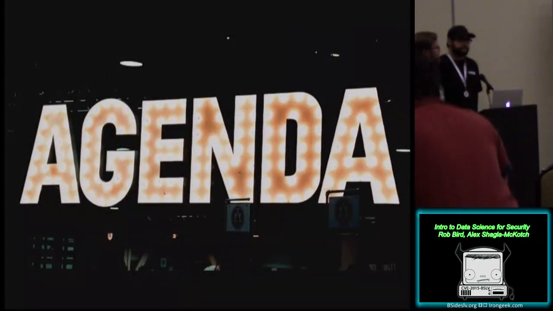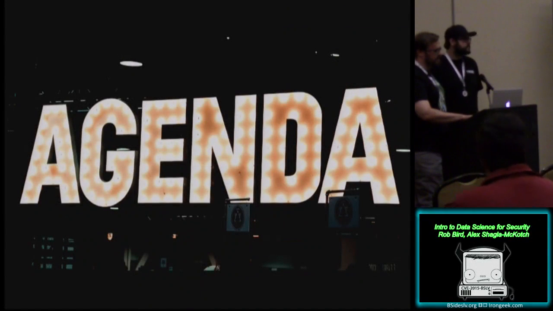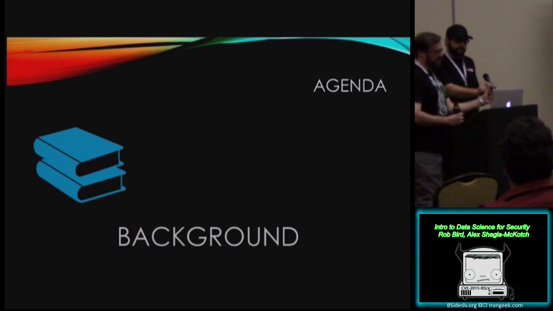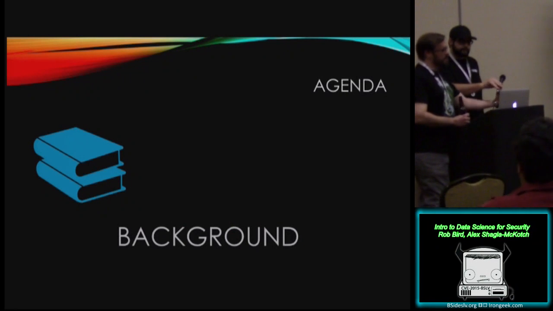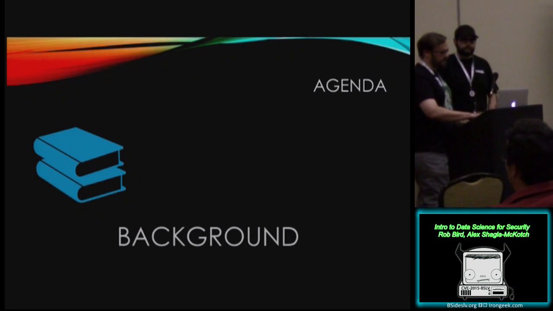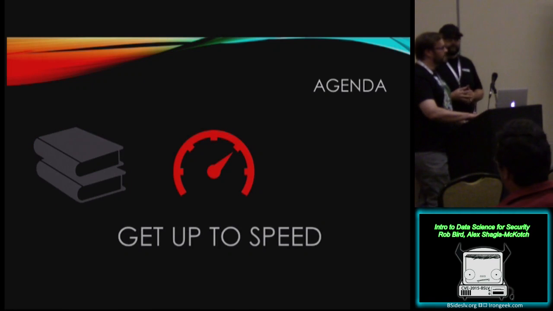So our agenda today is going to be pretty straightforward. We're going to take you through a historic background on data science, some of its definition and process, and what it usually means for security applications. Then we'll get you up to speed on a bunch of methods and talk through some of the background lingo that you'll just have to know.